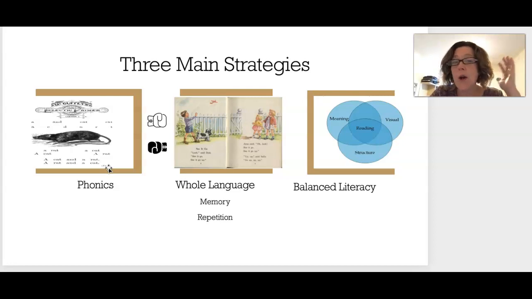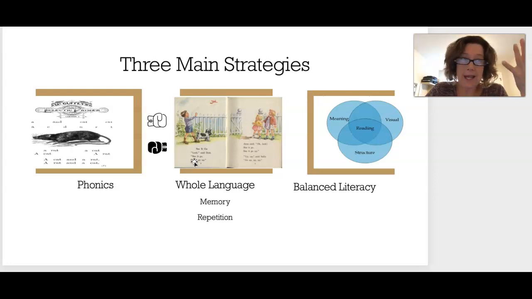Okay, so then in about the 1930s, the whole word approach or the whole language approach became popular through the Dick and Jane series. There was lots of visual memory process. Basically, what it was putting forward was that by repetition of the text, the students would just be immersed in the language, and they would just understand it.